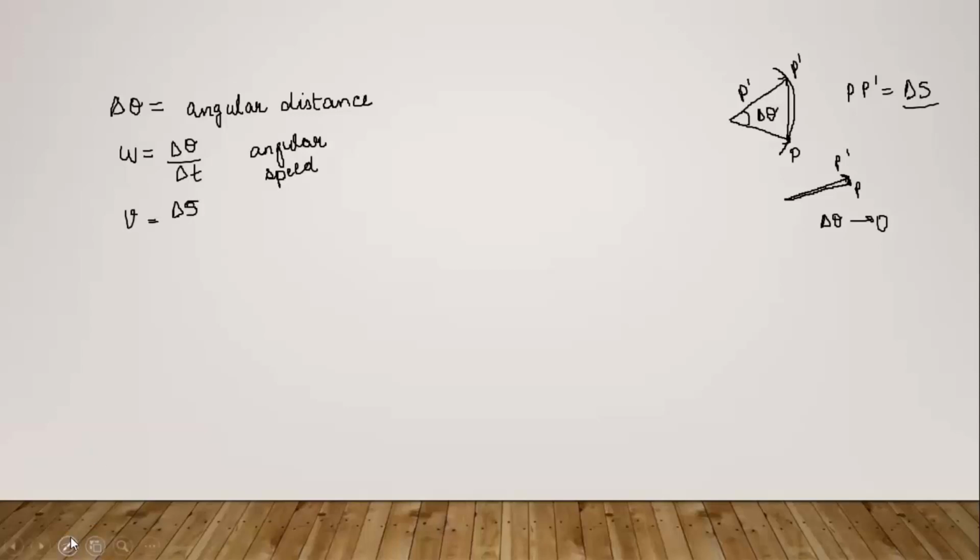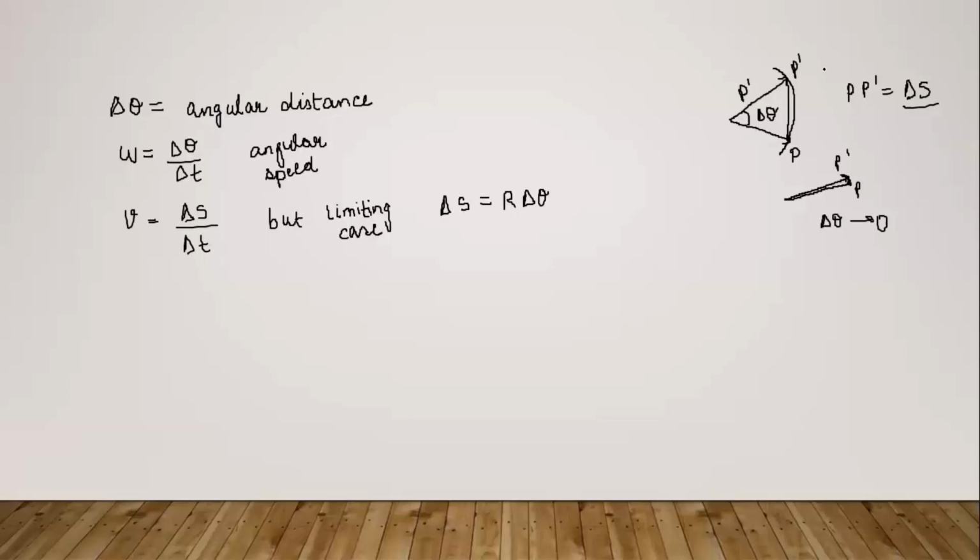Sorry, let me write it properly. Velocity is the displacement with respect to the time taken. So that's delta s by delta t. But for the limiting case, we have seen that delta s is equal to r into delta theta.